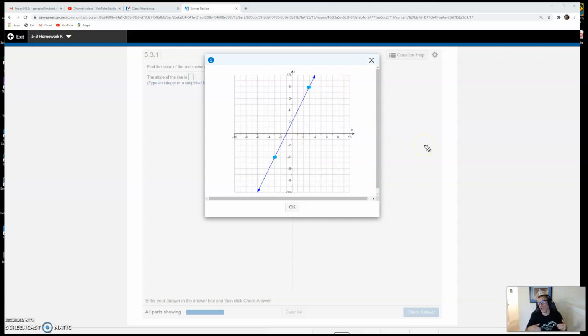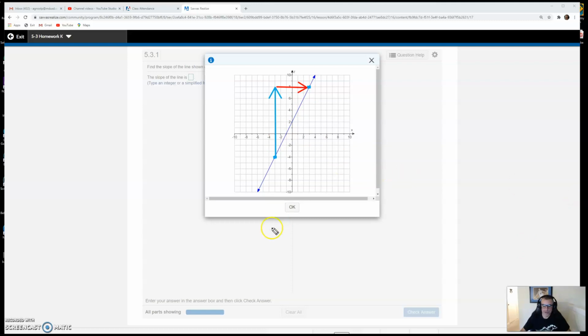And the way we measure the slope is we say, how many units do I have to go up, and how many units do I have to go over to get from the point that is furthest left to the point on the far right? And then we write that as a fraction.